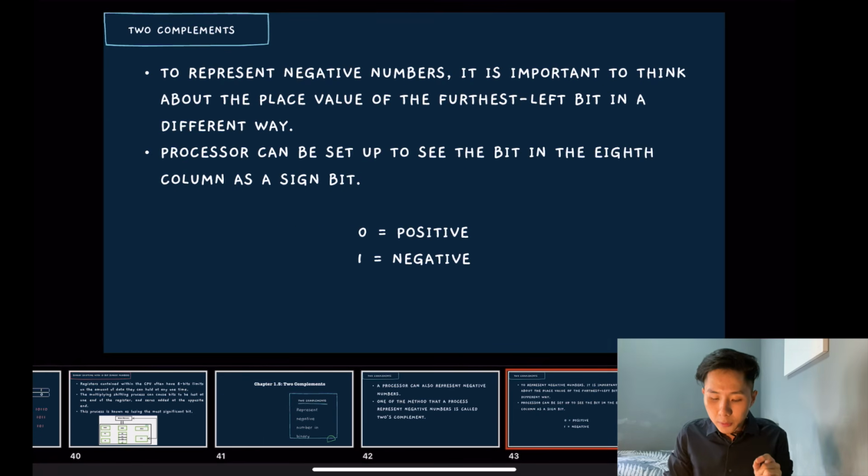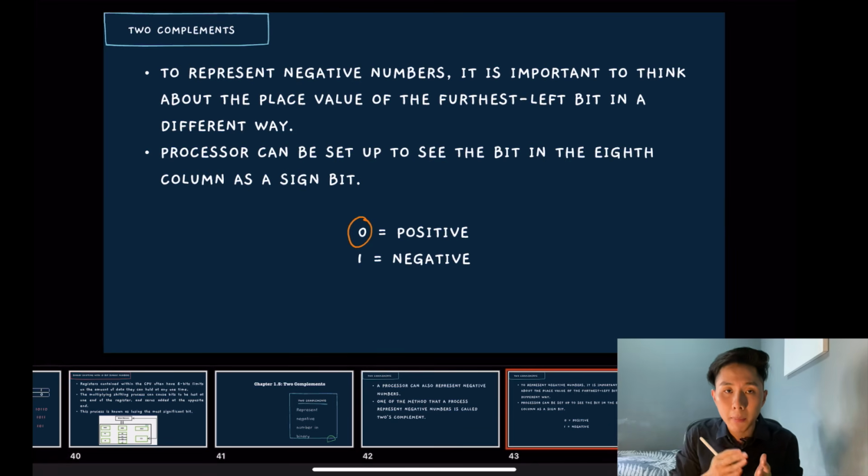Before we learn the conversion, we have to take note that in 2's complement, if the starting digit is 0, this means it is a positive value. And if the leading bit is 1, this means it is a negative value.